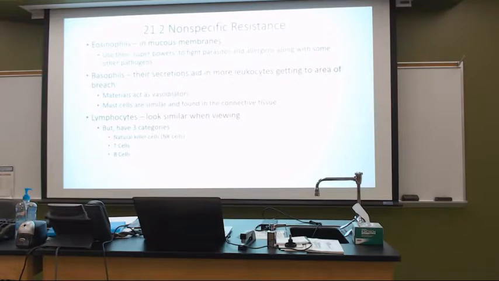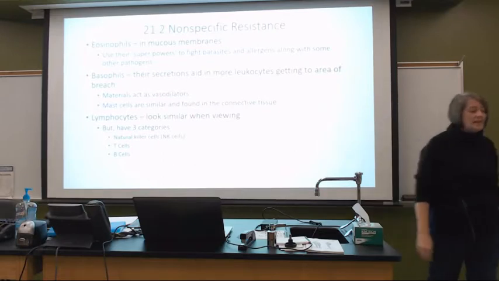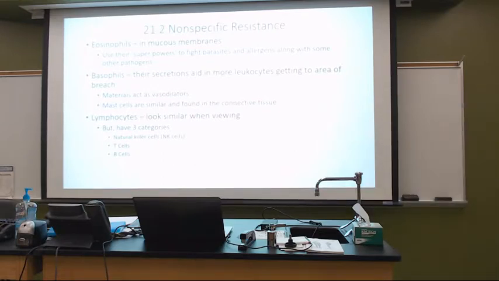like it says, once they get to the area of the breach, one of the things that needs to happen is that the blood capillaries that are present need to become more permeable.